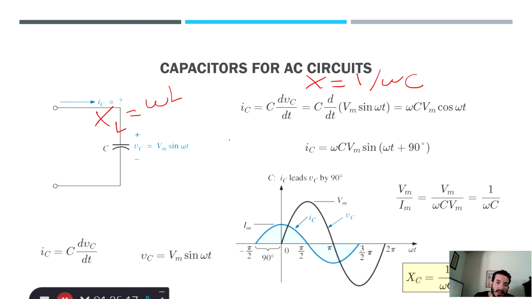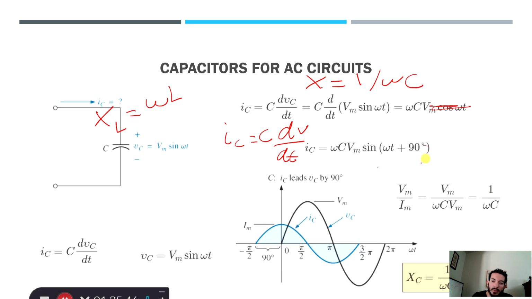Because if you remember, the current through a capacitor equals the capacitance times the change in voltage with time. So if you have a voltage with a sine wave and you take the derivative of that, you're going to get 2 pi f times the capacitance times the voltage, but you get a cosine function. And if you remember, the cosine function is a sine function with a 90 degree offset.